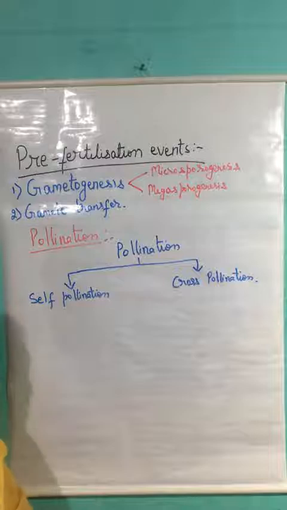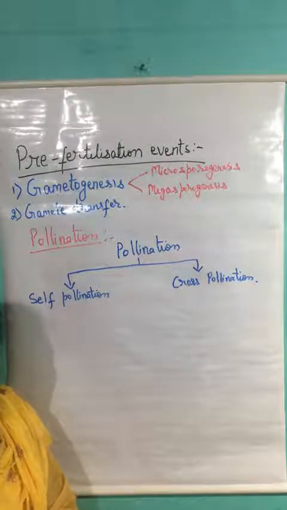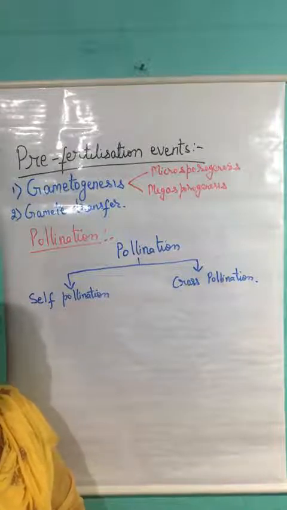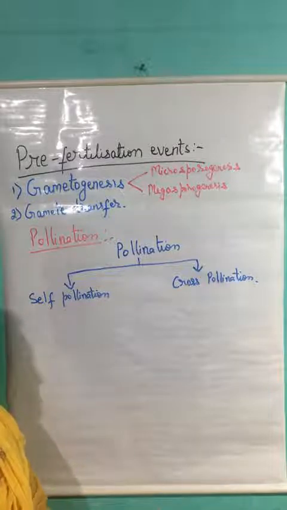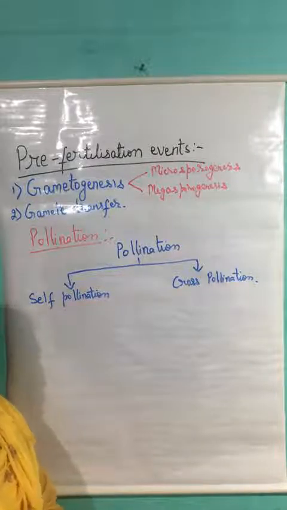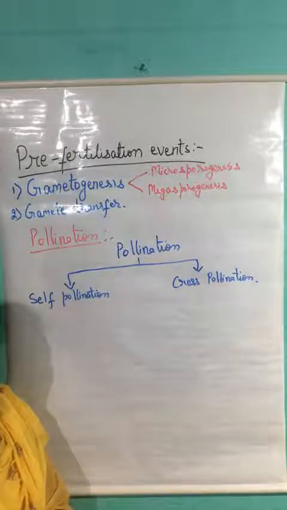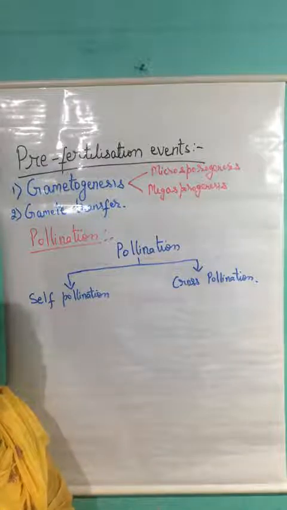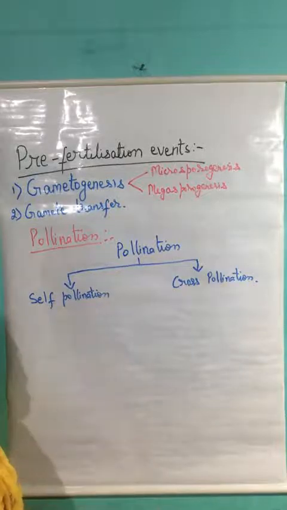Already we have discussed what happens during pollination. There has to be transfer of the male gamete from the anther to the stigma of the pistil. If the transfer of the male gamete takes place from the anther to the stigma of the same flower or of two flowers of the same plant, then that type of pollination is known as self-pollination.